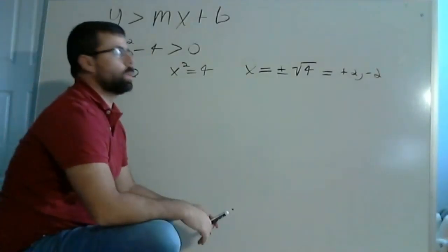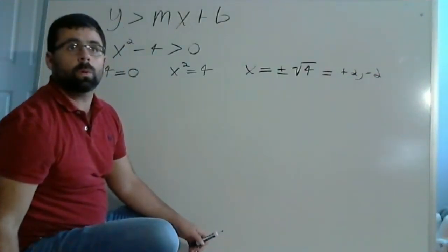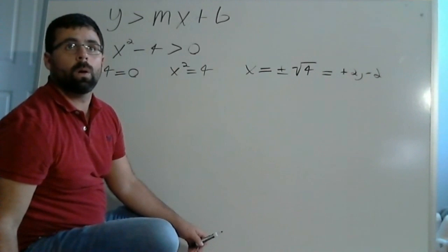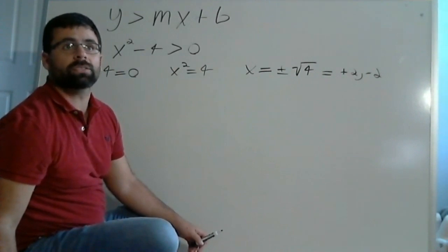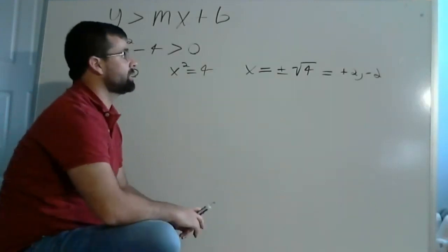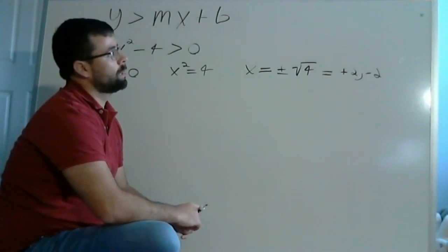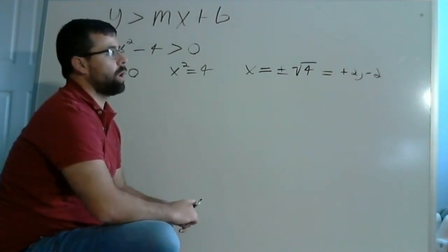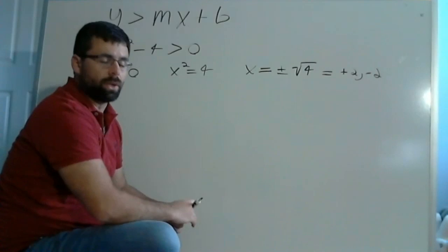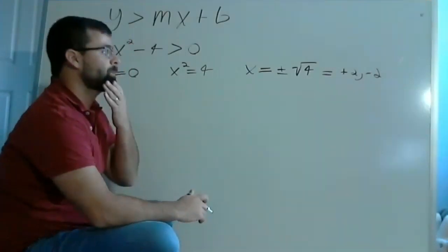So when we have these two solutions, what this does is it creates boundaries. And we have to test all of the different zones created by these boundaries.